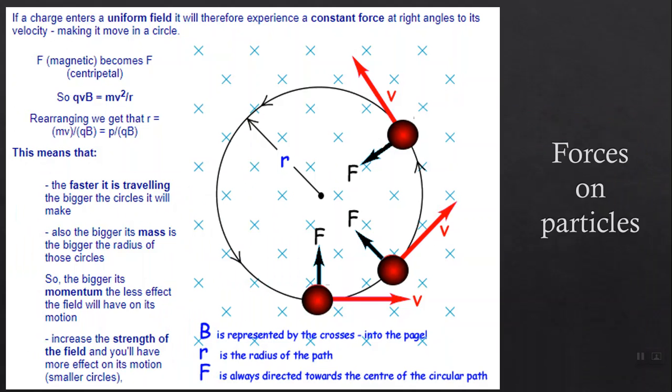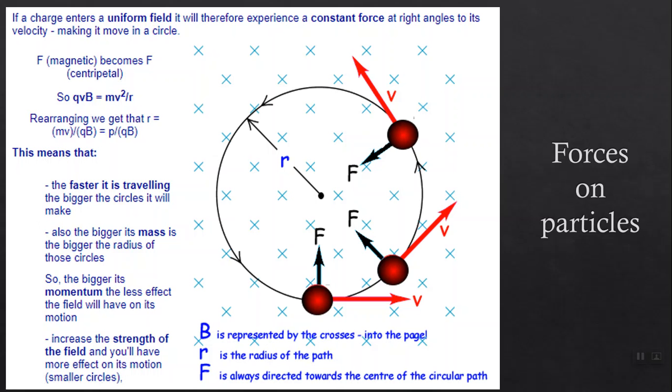Right. Now, as we learned that it is moving in a circular path, there are some further calculations we can do. We understood that BQV is the force acting towards the center, but centripetal force is also equal to mv squared over r.